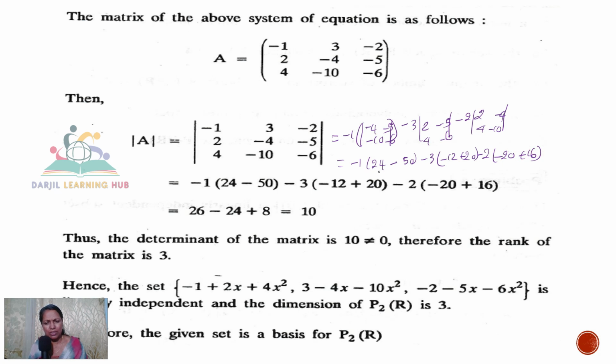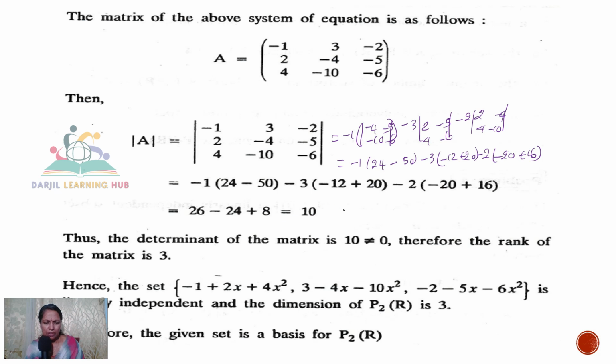So the determinant of this value becomes 10.